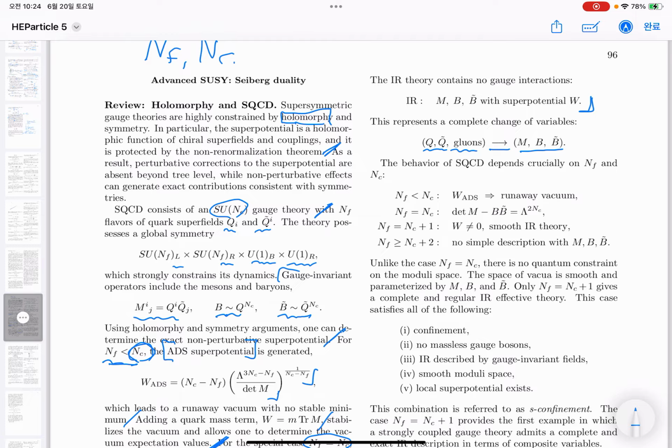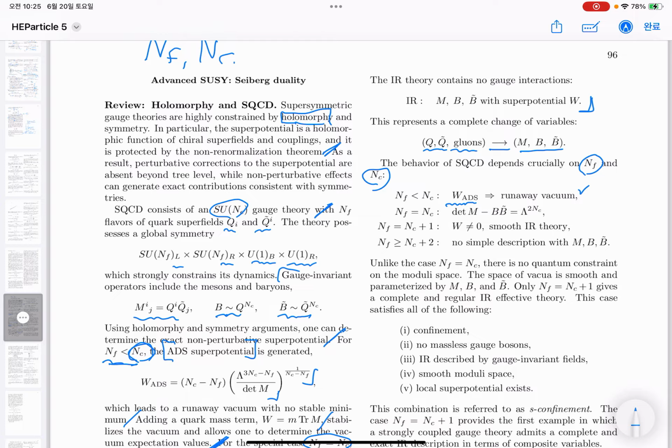So now we have the overall behaviors of supersymmetric QCD depending on the number of flavors of the quark NF and the number of colors NC for the gauge theory. When NC is larger than NF, the superpotential is given by the ADS form, which has the runaway vacuum, and we should add the quark mass term.